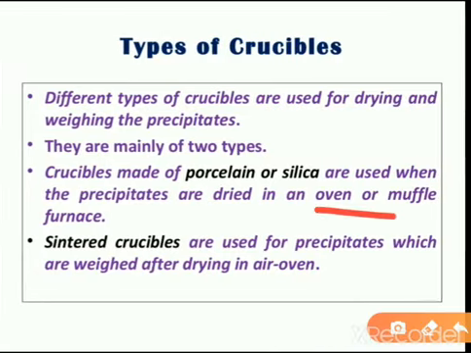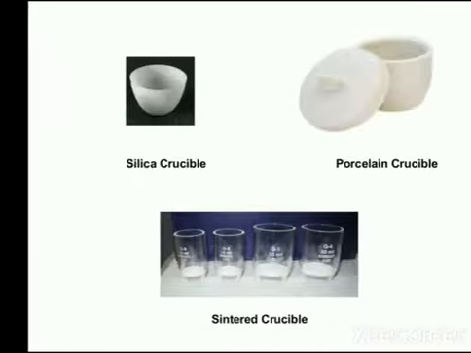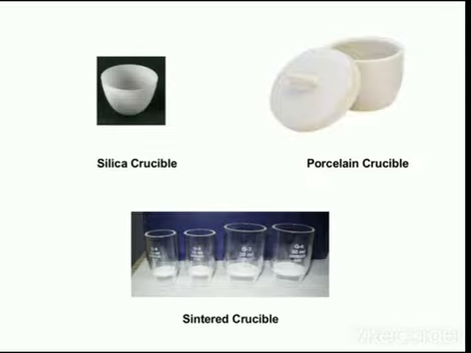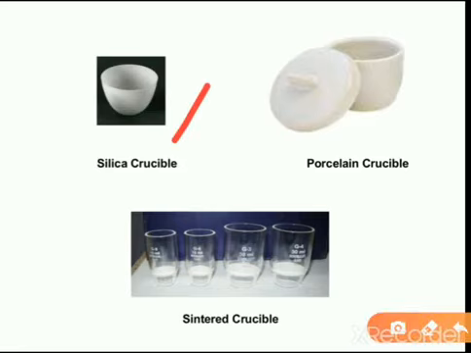Sintered crucibles are used for precipitates which are weighed after drying in an air oven. So these are the crucibles we use in gravimetric analysis: silica crucible, porcelain crucible and sintered crucible.